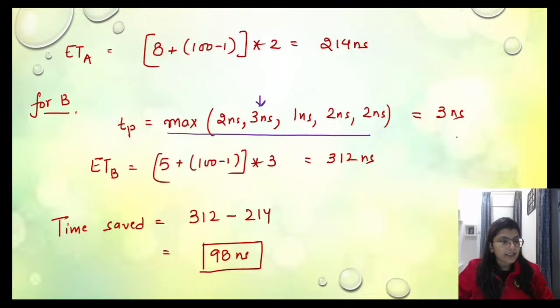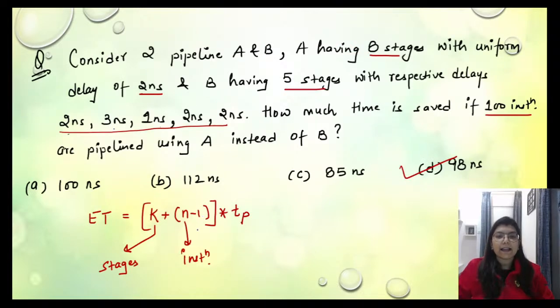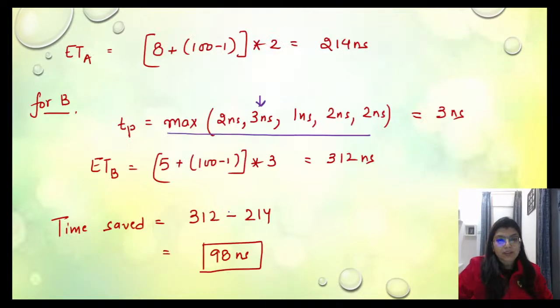This 3 nanoseconds will be substituted in the formula in place of TP, the clock cycle time for the pipeline. This is how you solve your question.